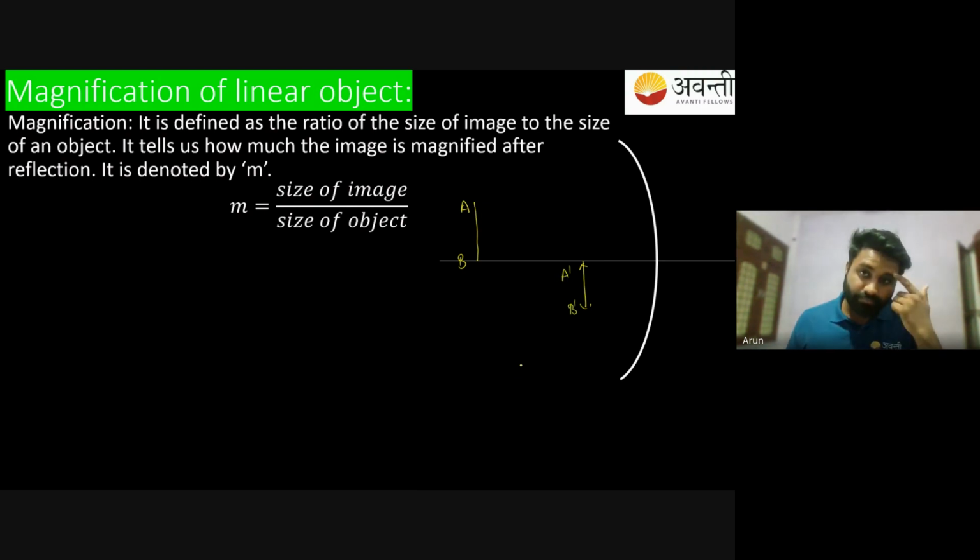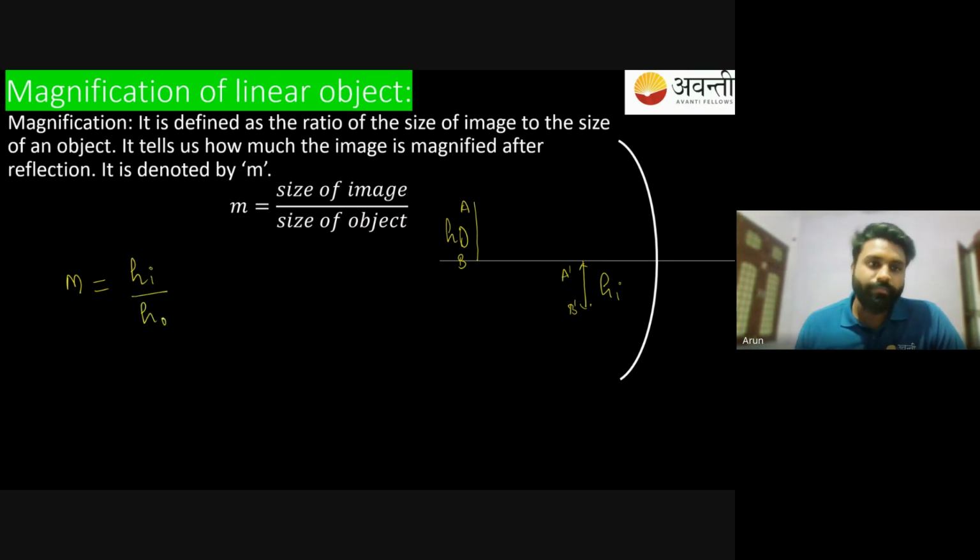So this is the height of object, and this is the height of image. If I ask you what will be the formula for M over here, it is the height of image divided by the height of object.